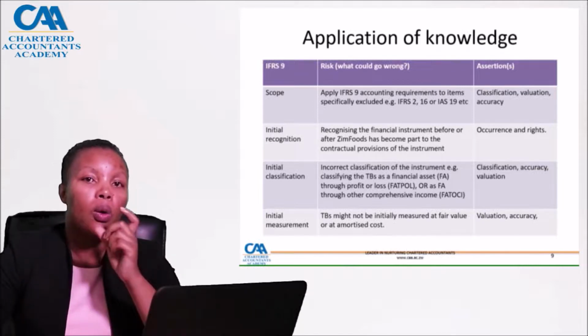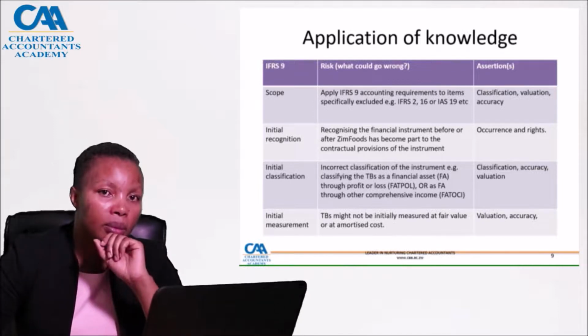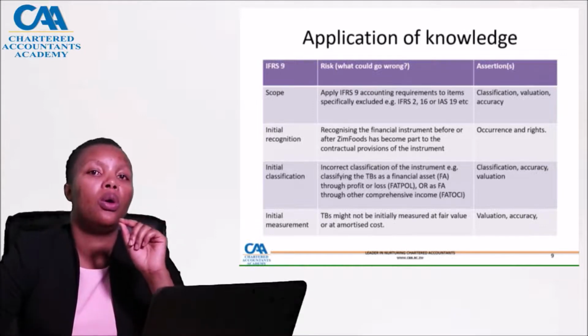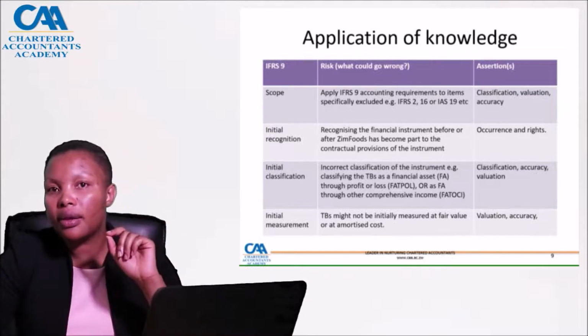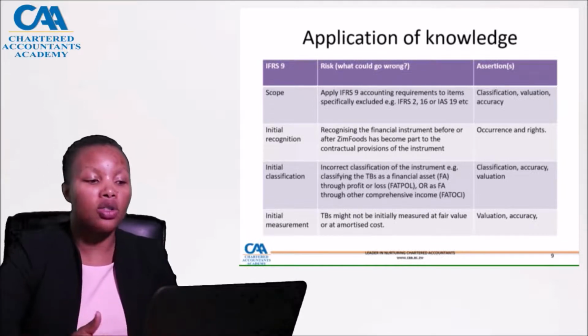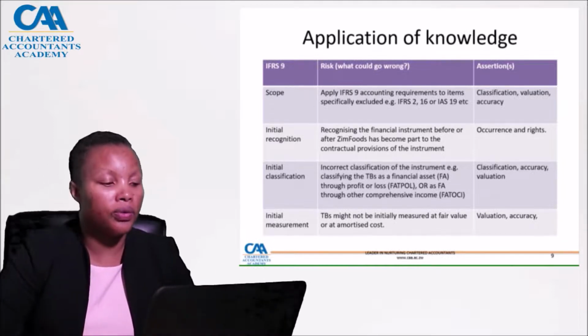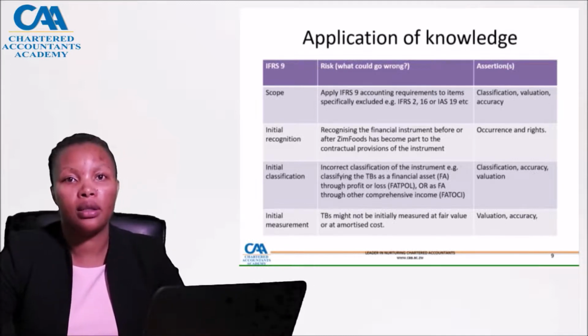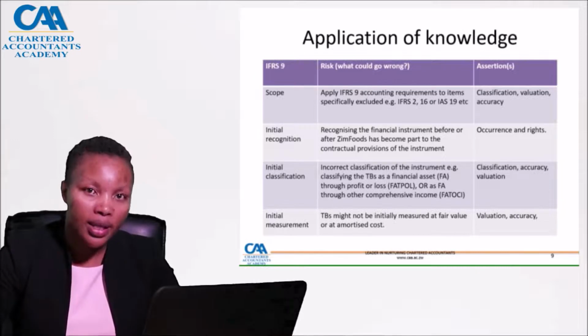So we're saying, what can go wrong at initial recognition? One could initially recognize before this financial instrument or this treasury bill is in the hands of Zim Foods, or maybe way after. So we're saying there is a risk there.